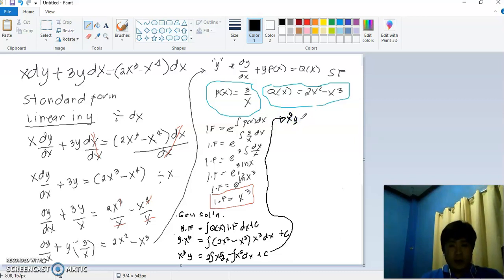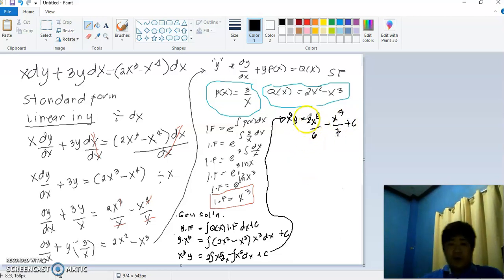So x cubed y is equal to 2 times the integral of x raised to the power of 5, that is the power rule in your integral calculus, x raised to the power of 6 over 5 plus 1, which is 6. Minus, still the power rule, 6 plus 1 is 7, over 7, plus c.